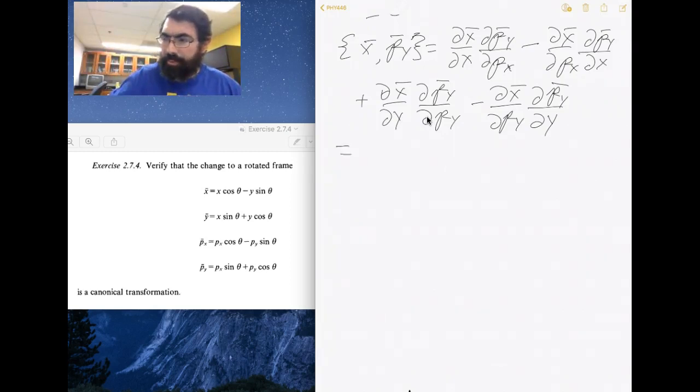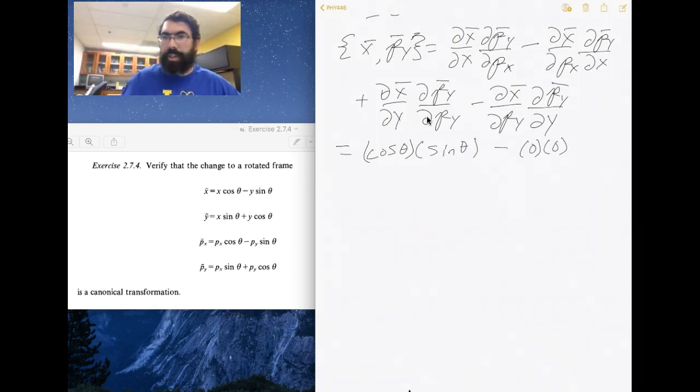I get the derivative of x bar with respect to x is cosine theta. Derivative of py bar with respect to px is sine theta, minus 0 times 0, plus minus the sine of theta times the cosine of theta minus 0 times 0.